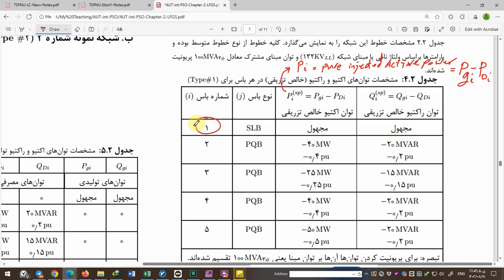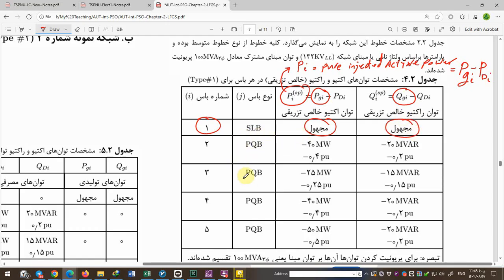In a slack bus, because the active and reactive generated power is unknown or unspecified, the pure injected power is unknown or not specified.